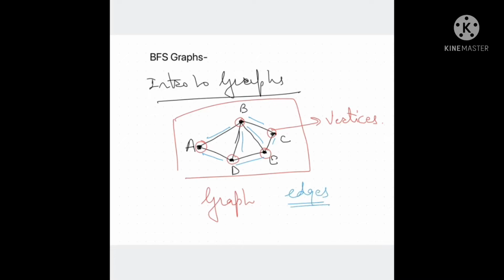Okay, so basically this is what we will be discussing. As I told you, BFS is a breadth first search technique, and we learnt about it in the last video using a tree method, but today we will be learning about graphs.